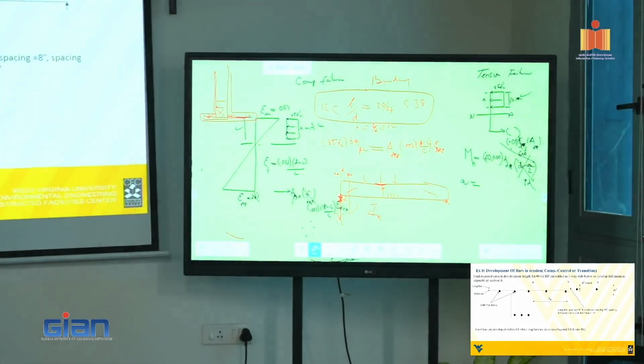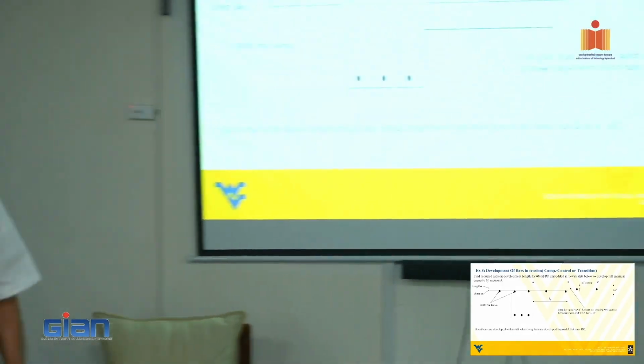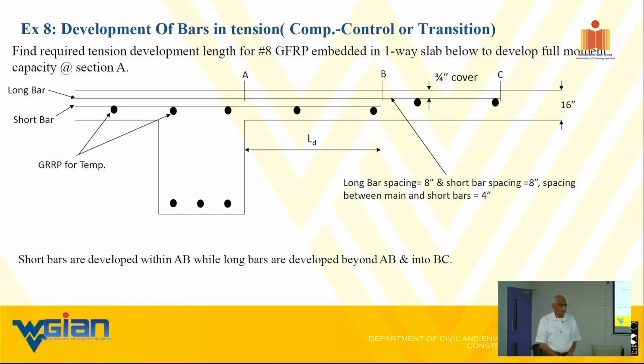In any non-ductile system, you are better off using two things wherever possible. One is the formation of a hinge, the other is confinement of the material. You figure out how to confine.